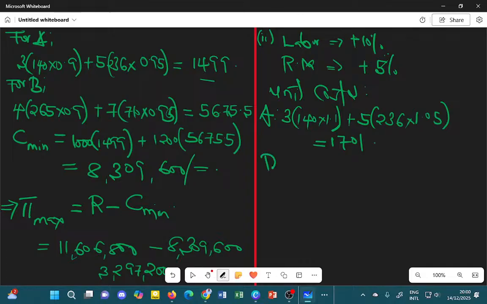Then for B, you'll be having 4 into 265 times 1.1, plus 7 into 710 times 1.05.